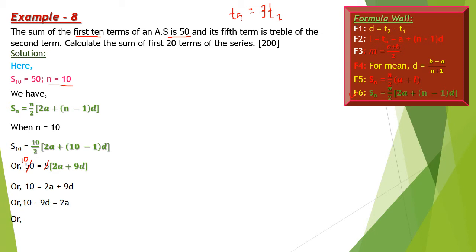The coefficient of a is 2, so we have to make the coefficient of a as 1. Now the coefficient of a is 1, so it's equation 1. Now there will be a time where we have to use the value of a as 10 minus 90 by 2.